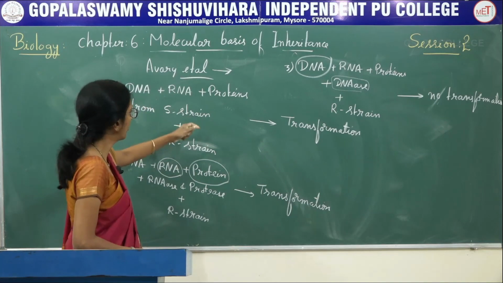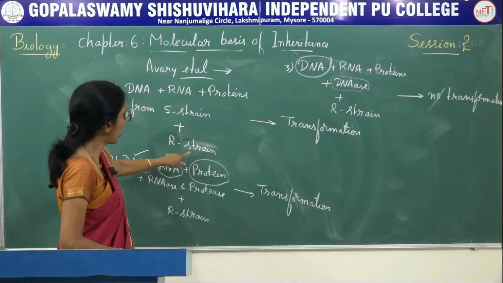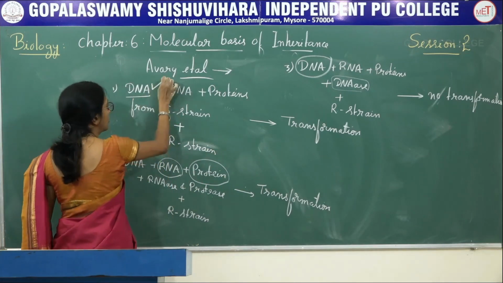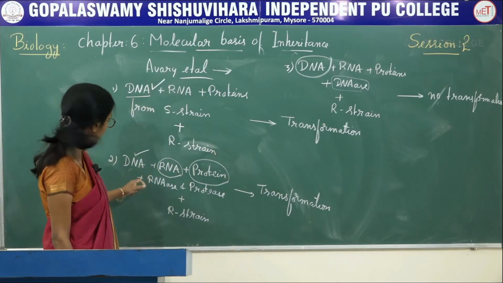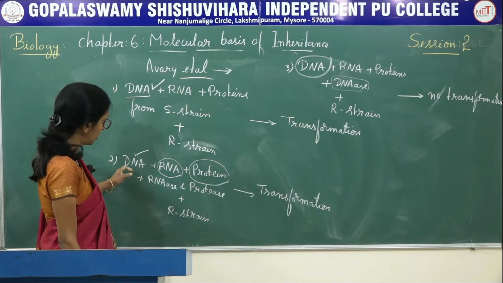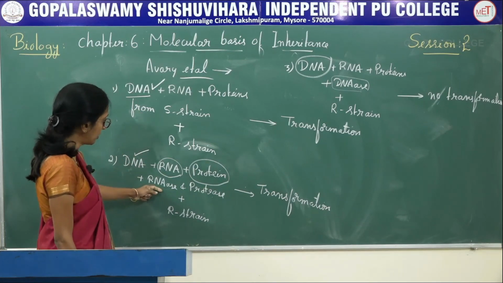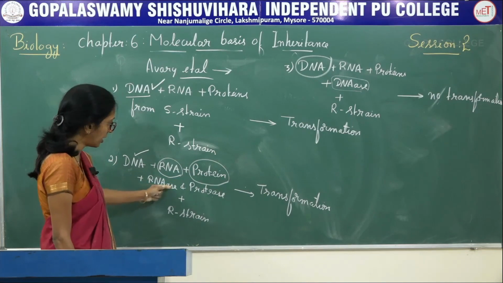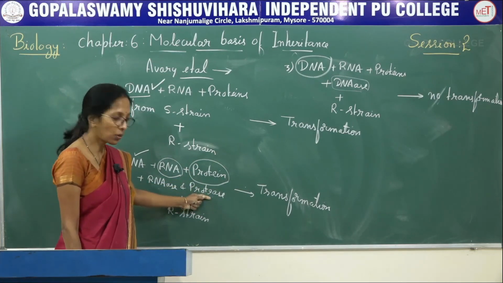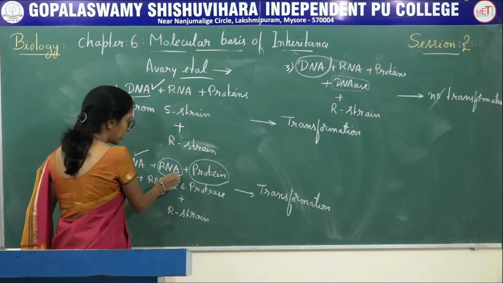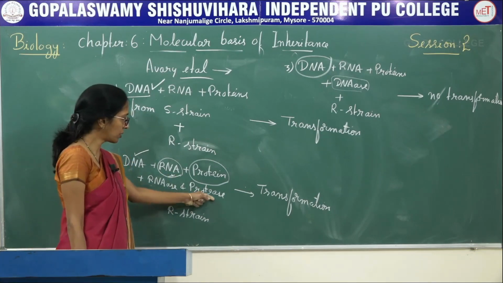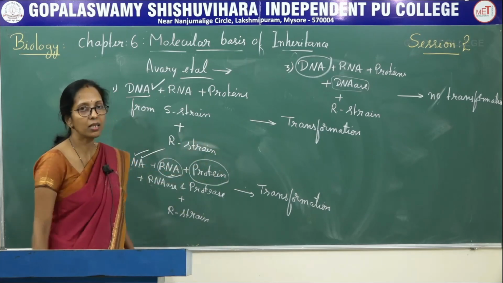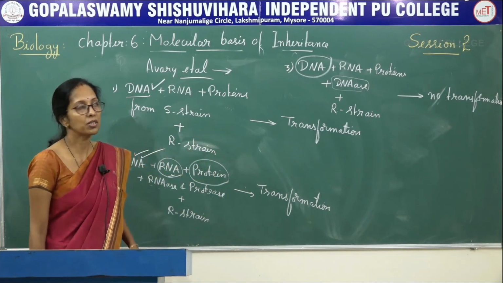In the first group, it is mixed with the R strain, and a transformation takes place because there is a presence of DNA. In the second group, the extract is mixed with RNase and protease, so RNase destroys RNA, protease destroys protein, but still there is a presence of genetic material, so a transformation takes place.